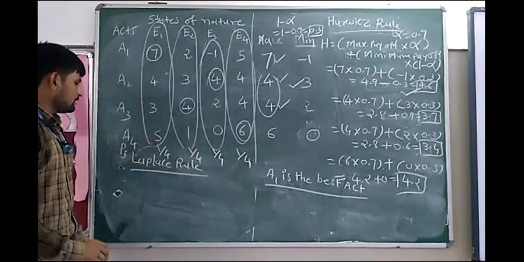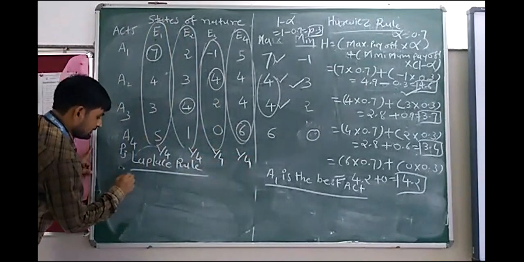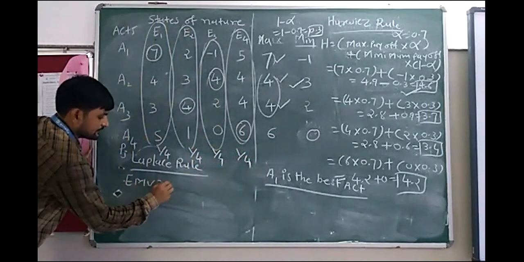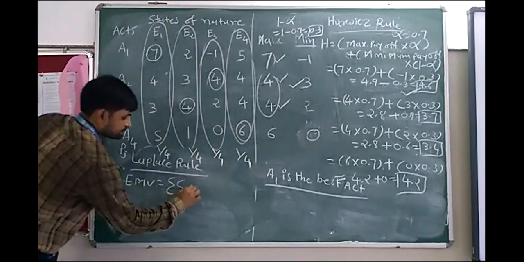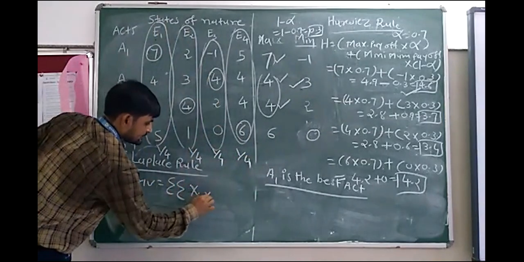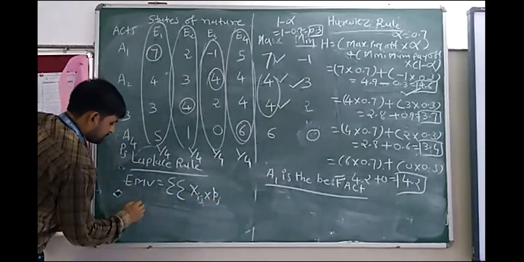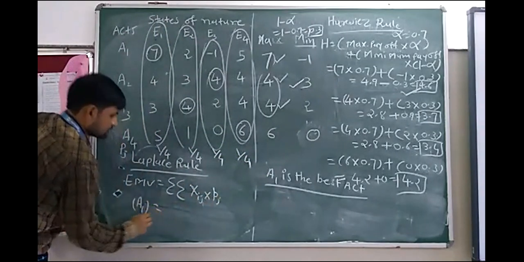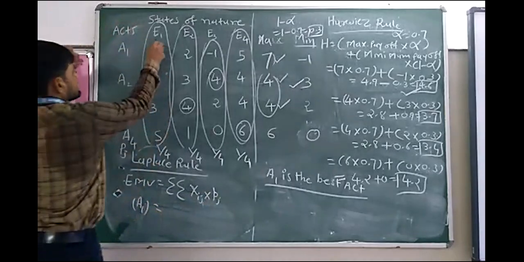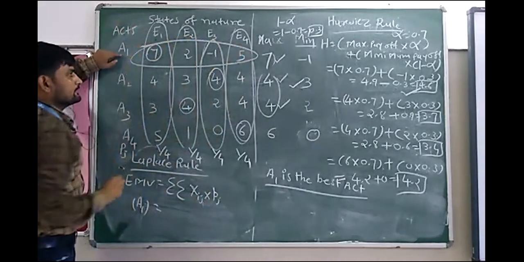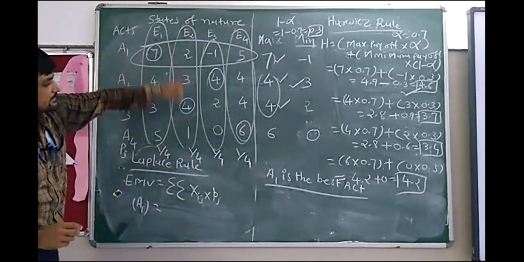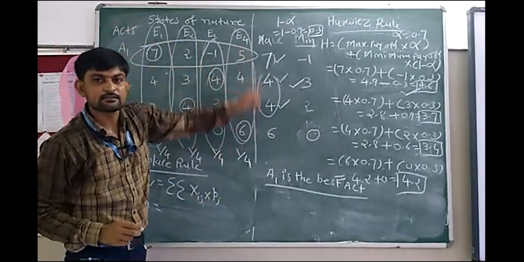Okay. Now we'll find EMV. What is the formula of EMV? Double summation Xij into Pj. Okay. So now we'll find for Act 1. This is the payoff for Act 1. So Xij into Pj for each.